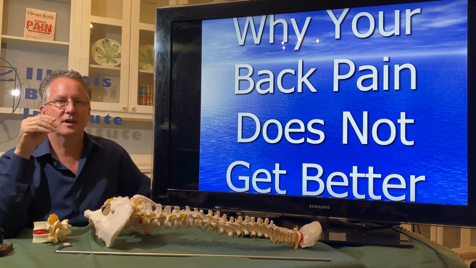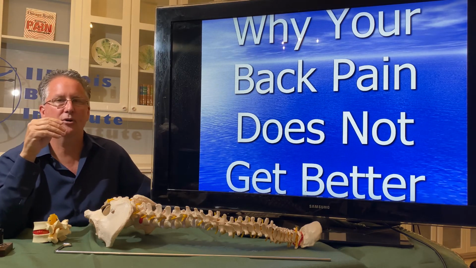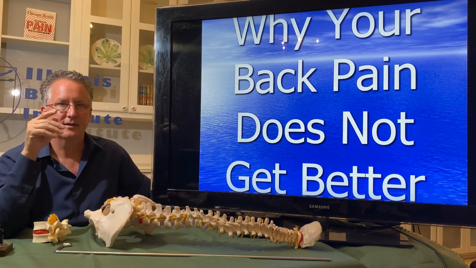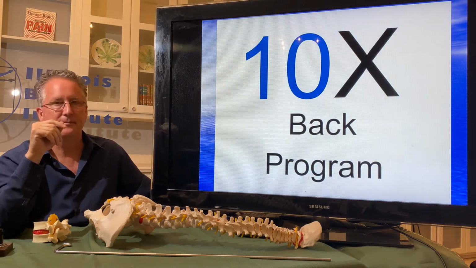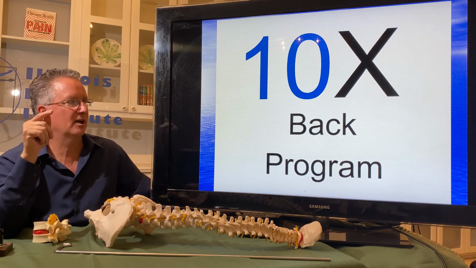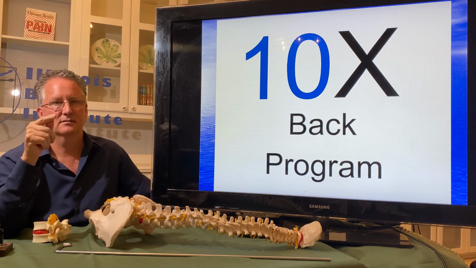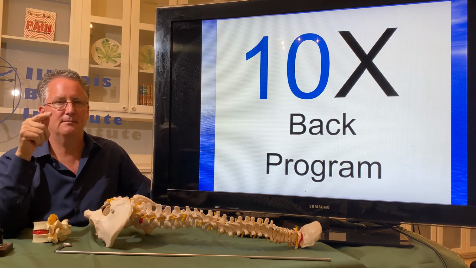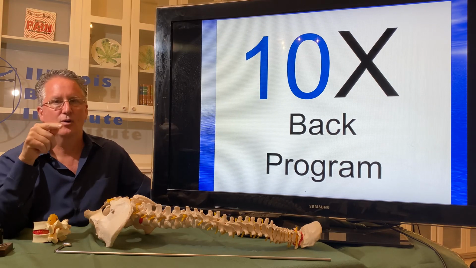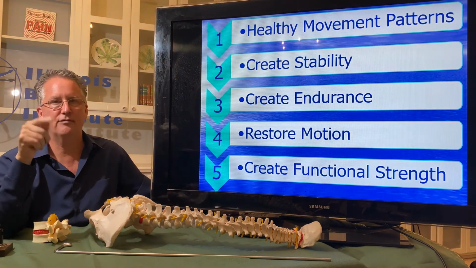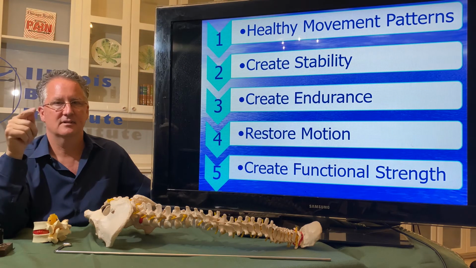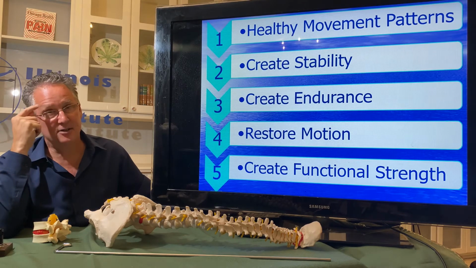Work on the exercises, stick with the program, don't quit, and you can live pain-free. The 10X program will get you there. It's a step-by-step process, walking you through all 5 steps to help you regain function, regain stability, regain your sanity.